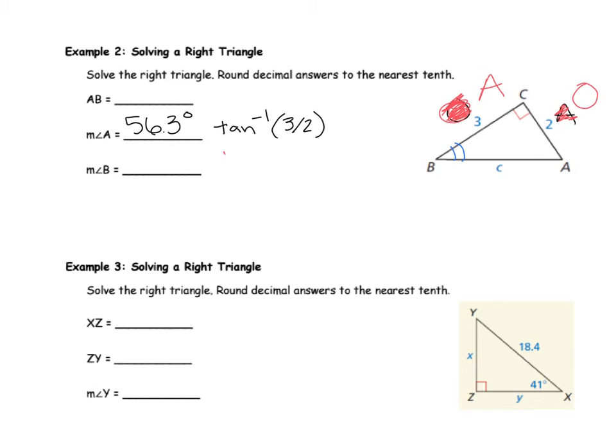So it's still going to be the inverse of tangent, since we're looking for the angle, but this time it's 2/3. When I put that in my calculator, remember, make sure you're using the inverse function of tangent, because we're looking for an angle of 2/3. We get 33.7 is what it would round to.